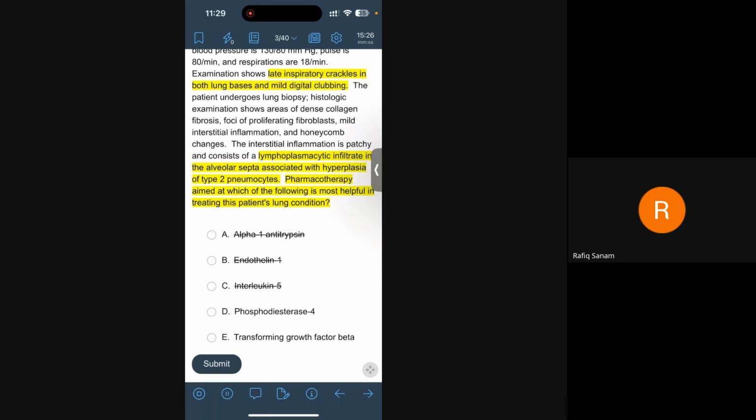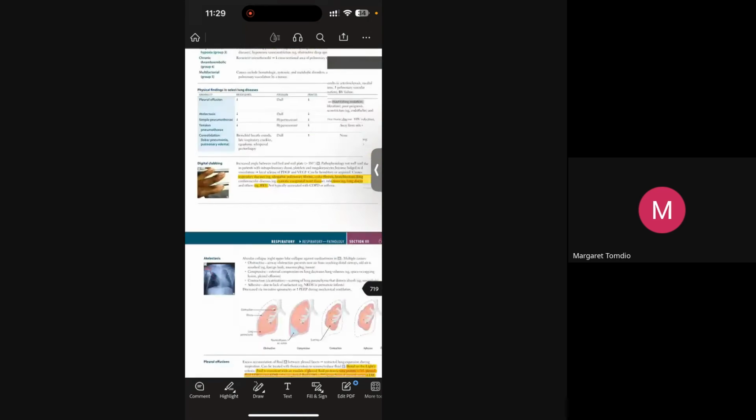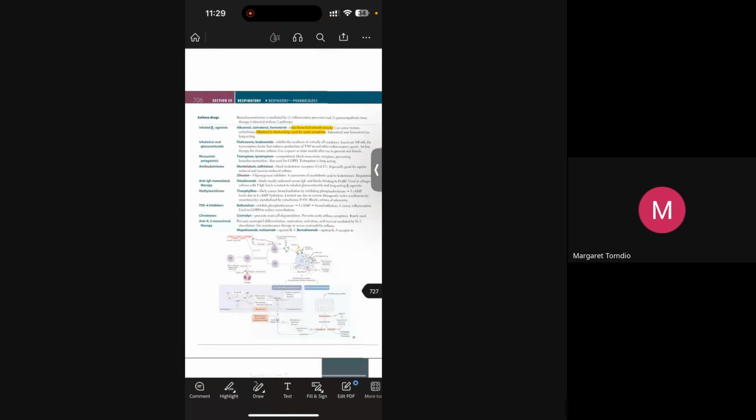Now we are left with two options: phosphodiesterase 4 and transforming growth factor beta. Which one? PDE4 inhibitors are used in which disease? Let's move on to the pharmacology.